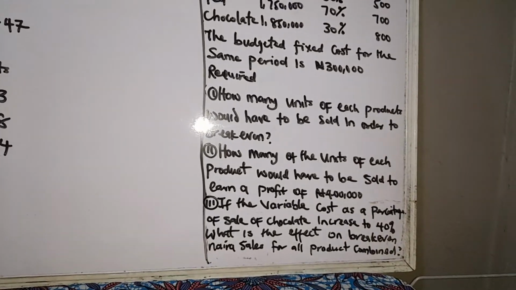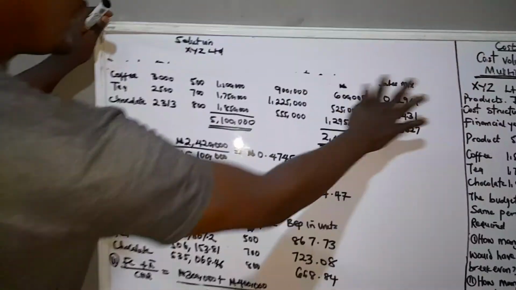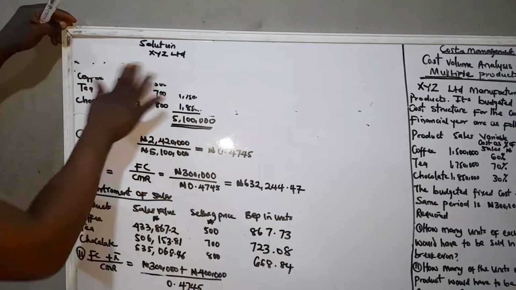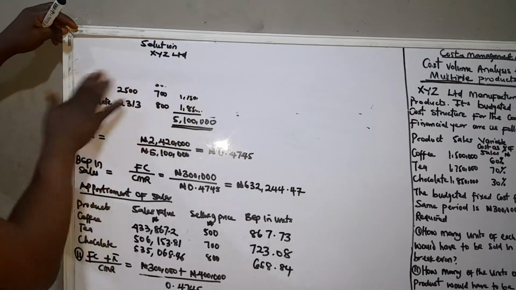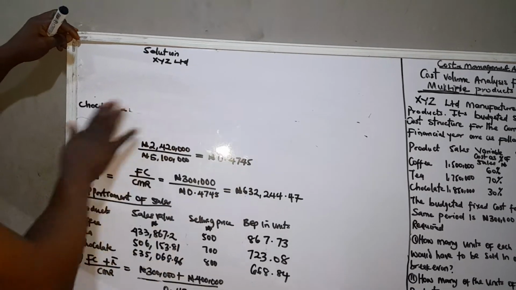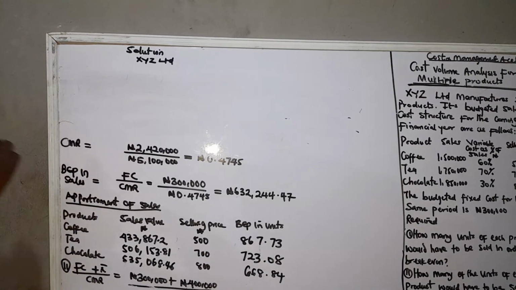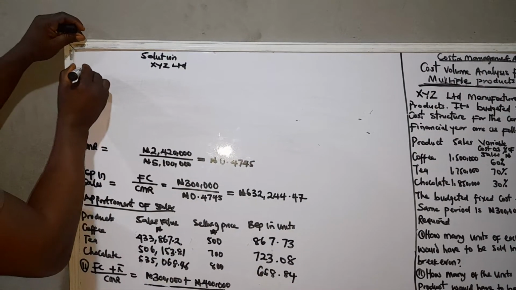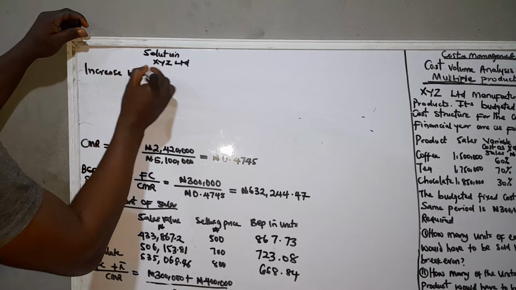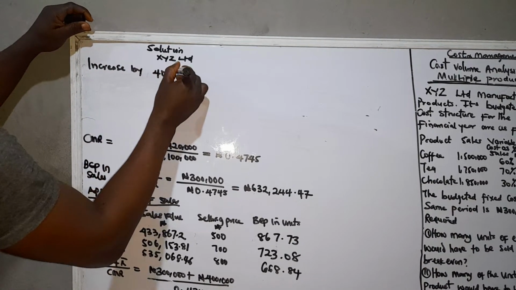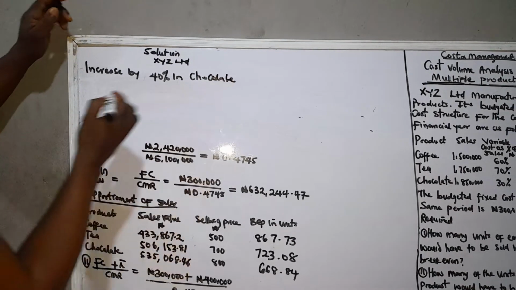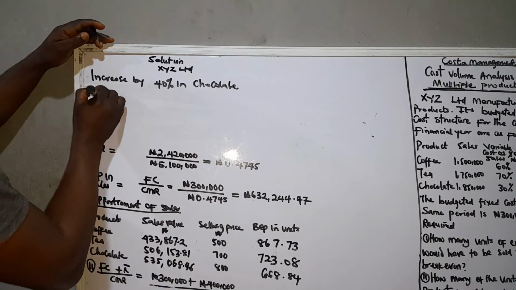So I will do a little calculation here, the increase by 40% in chocolate. Now let's get the previous variable cost.